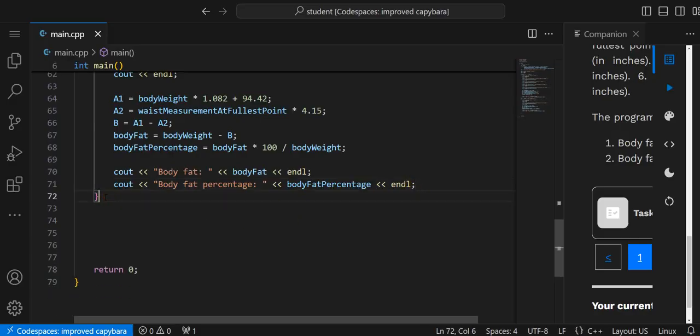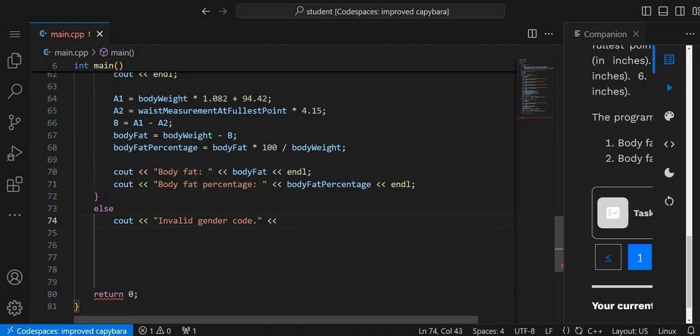Then we'll do an else: cout valid gender code, you don't pick male or female, inline.